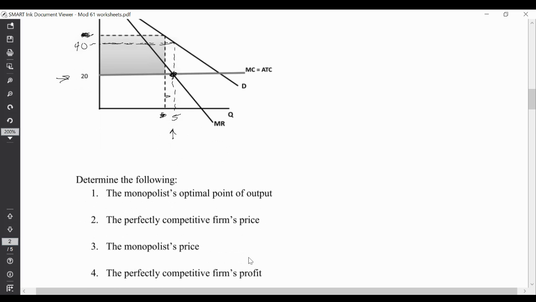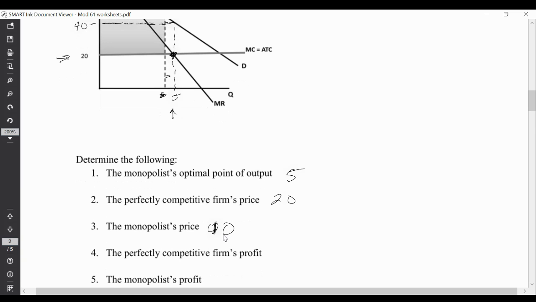So here they would be at quantity 5. They would charge 20. The monopolist is going to charge 40. A perfectly competitive market, in this example, would be making zero economic profit, because the demand would equal the marginal cost curve, which would then equal the average total cost.